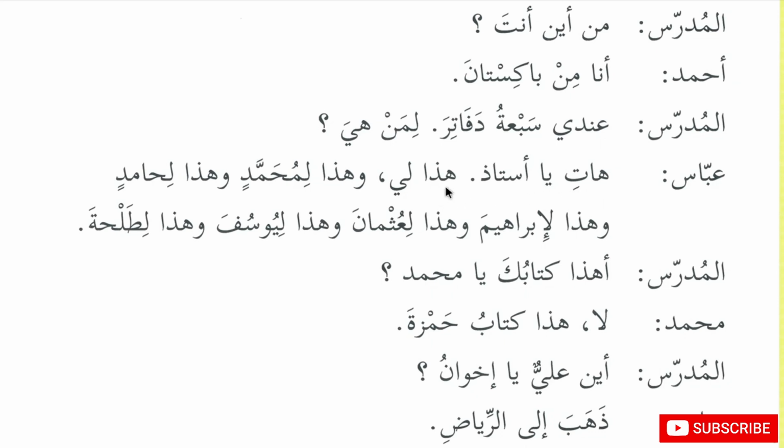Hadha li, this is mine. وهذا لمحمد, and this is for Muhammad, and this is for Hamid. وهذا لإبراهيم, and this is for Ibrahim. وهذا لعثمان, this is for Uthman. Again, Uthman, it won't take kasra. وهذا ليوسف, this is for Yusuf. وهذا لطلحة, this is for Talha.